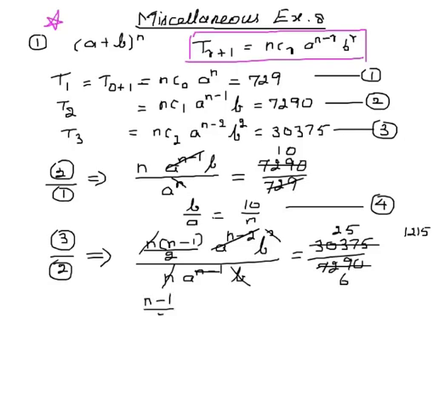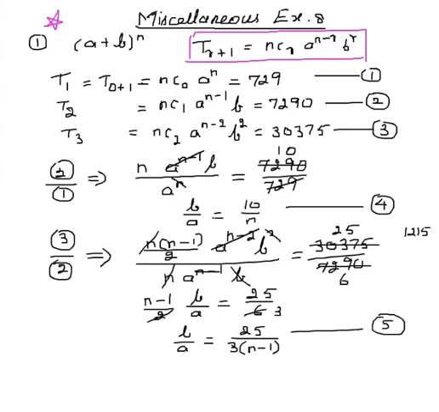So we will have (n-1) divided by 2 times b by a is equal to 25 over 6. Therefore, b divided by a is, we can cancel 2 here, 25 over 3 times (n-1). This is our fifth equation.